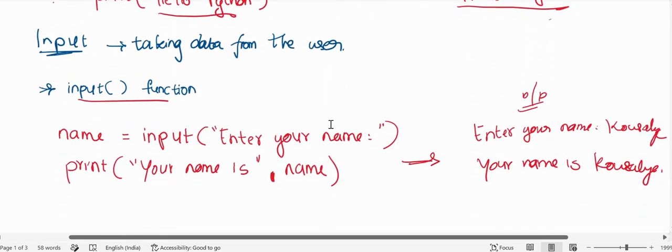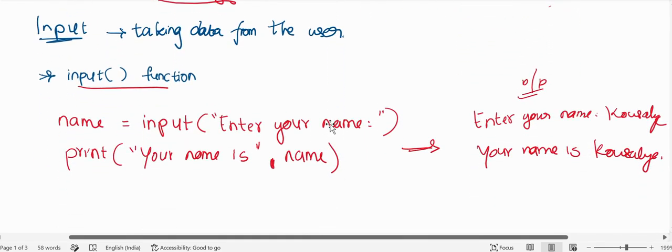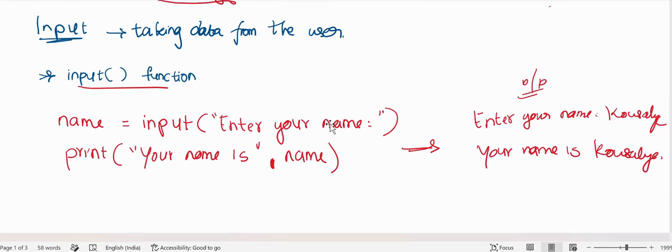And the next segment is input. Input means taking data from the user, and we use the input function to take the input from the user. For example, if we want to take the user name as an input, we create a variable called name and we write input.